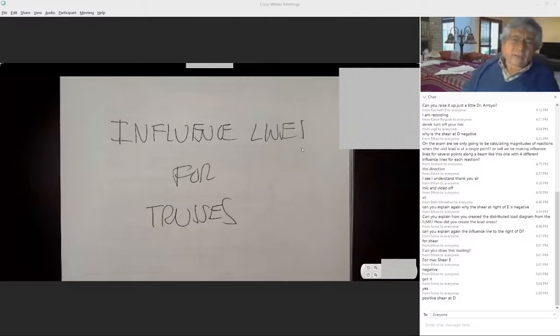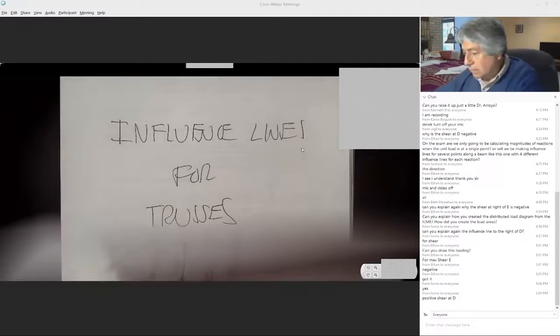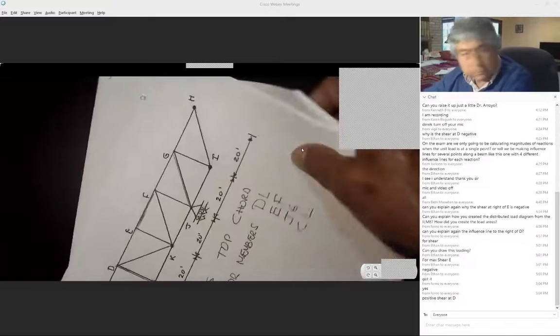The influence line for trusses is very, very simple. And like for a beam, it has to be for only one member. It could be for a member on the tension, bottom chord, compression, or diagonal. This is the case that I want to show you today.